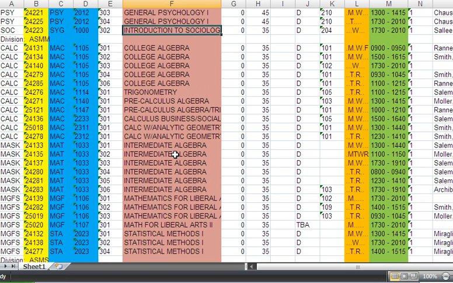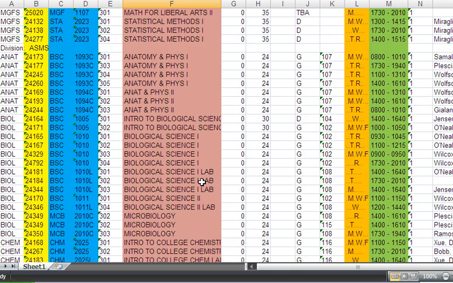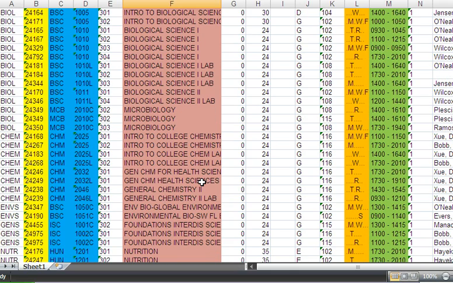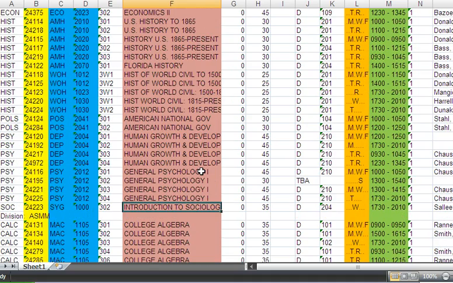Generally, I'd steer away from the math classes unless you took one this last semester. I know I have at least one student who did that. You may have some questions for me about what you should take, but generally, it is the Humanities Part B section you're going to want to be looking at, which I showed you earlier, and then also in here, the U.S. histories, the AMH 2010 or 2020.